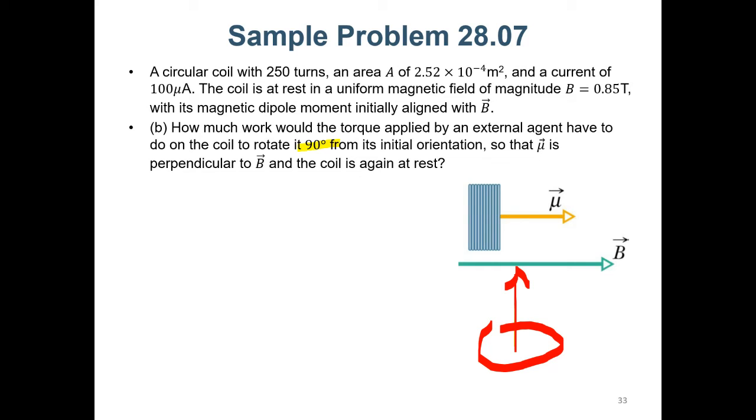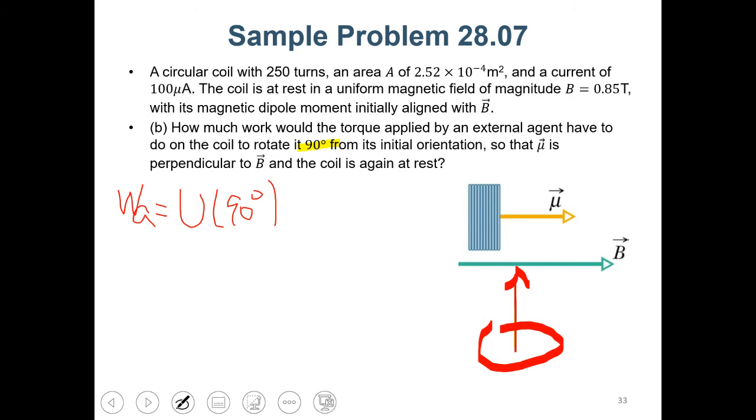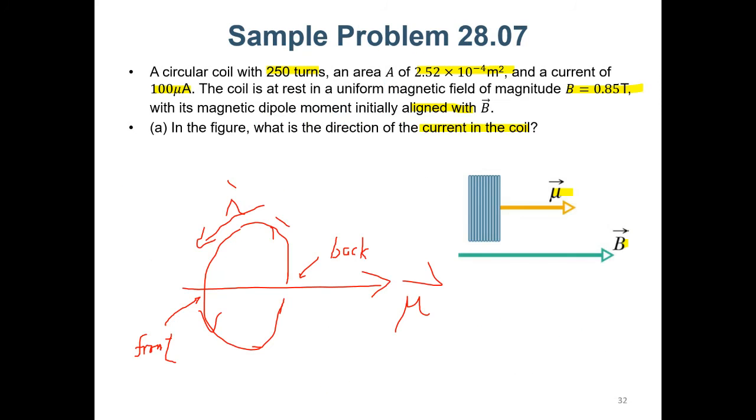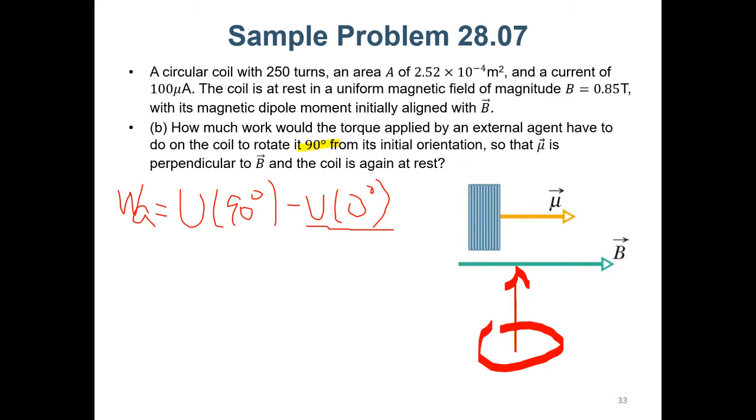So we can see that the work done on it will be, for the final stage, U 90 degree minus U 0 degree, because at the beginning they are aligned, so 0 degree between them, but finally you want this coil to be perpendicular, so finally it will be 90 degree.